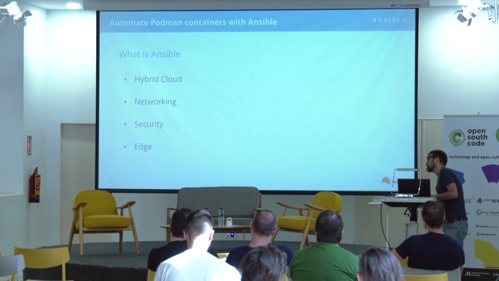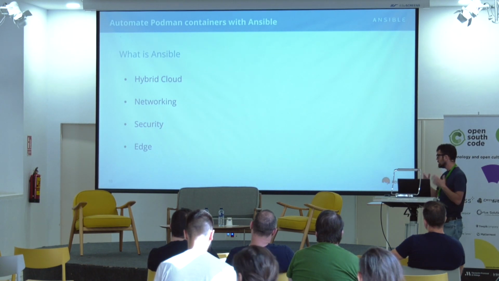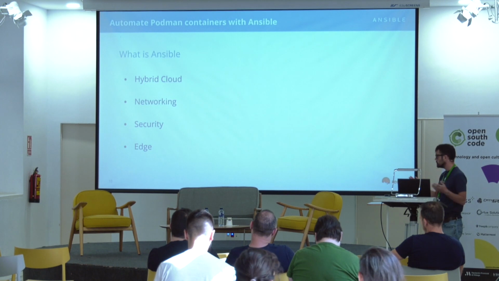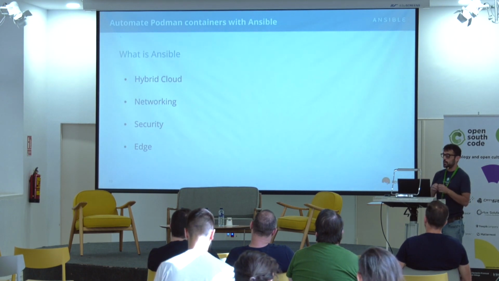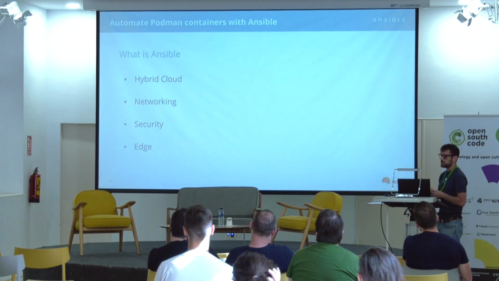It's great for hybrid cloud, because you can do all sorts of things in the major hyperscalers, but you can also use it in your VMware, in your OpenStack, whatever you have in your bare metal servers. For networking, this is actually a really big use case.